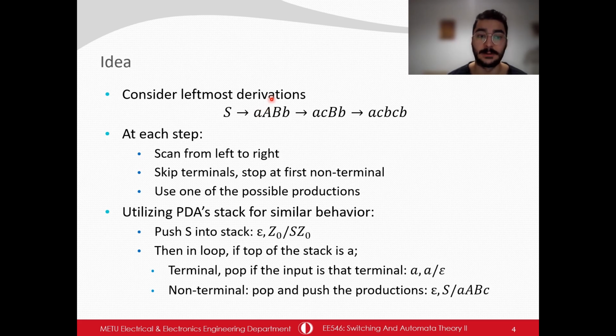We should check if our input string also has this character. So we should also check the input character. If it's the same as the terminal character at the top of the stack, then we pop it. Then when we encounter a non-terminal character, we again do the same thing. We pop it and we push one of its possible productions.